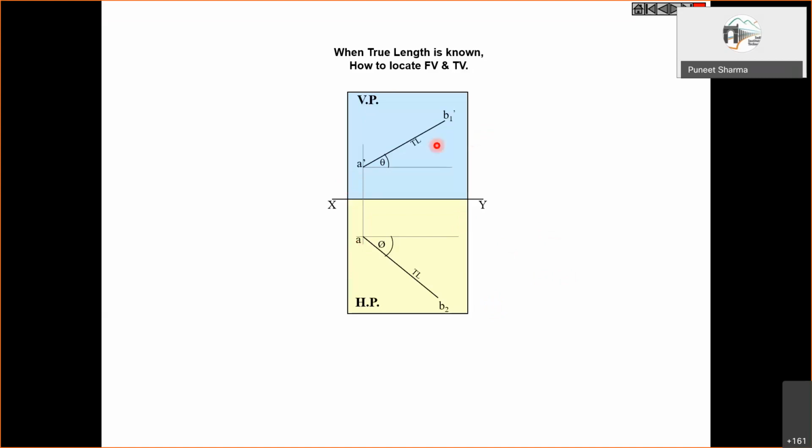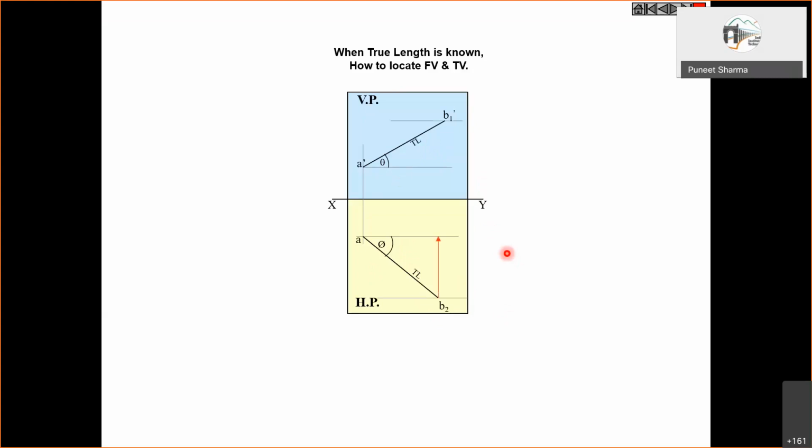For that case, we used this theta and the true length and obtained B1 dash. Then we assumed it to be parallel to the horizontal plane, and we used this phi and true length and obtained B2.